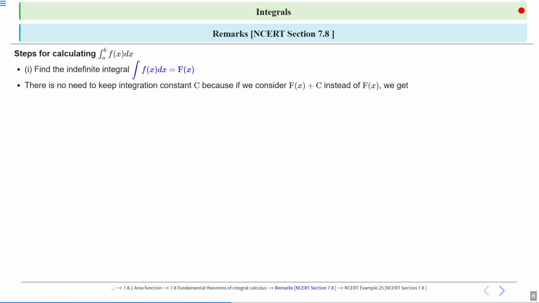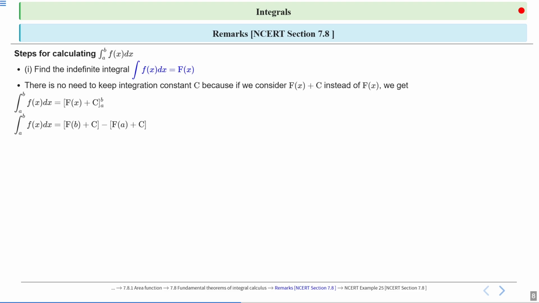There is no need to keep the integration constant c, because if we consider F(x) plus c instead of F(x), we get the definite integral from a to b of f(x) dx equal to F(x) plus c from a to b. So just substitute b and a, the upper limit minus the lower limit.